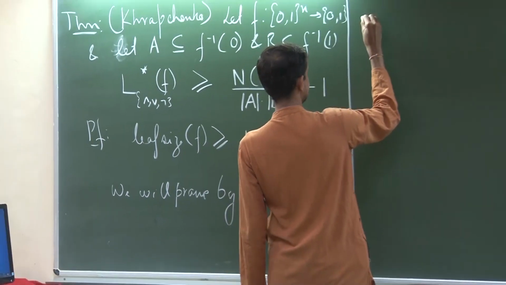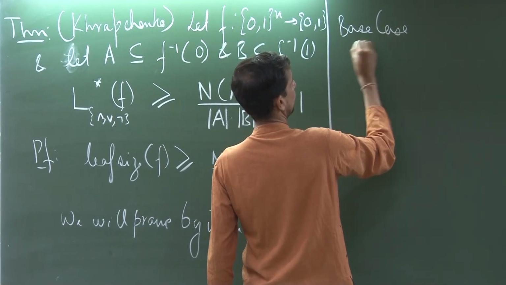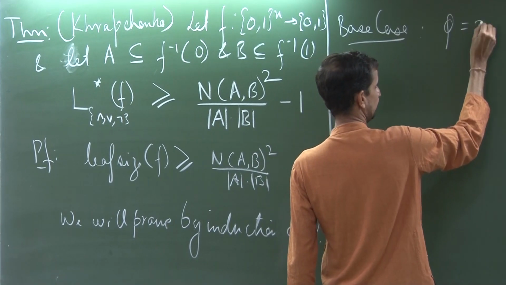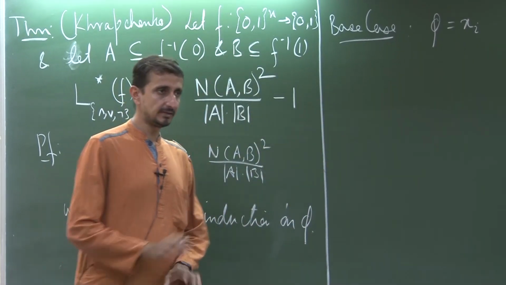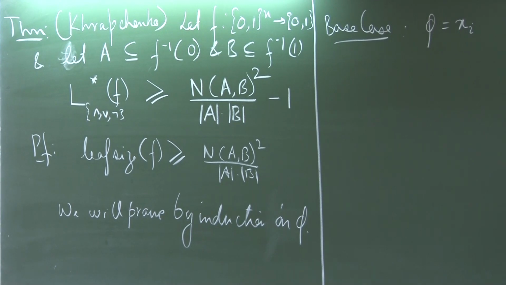So, firstly the base case. The base case is when phi is a single variable xi. It does not have any gates. So, what does this mean?